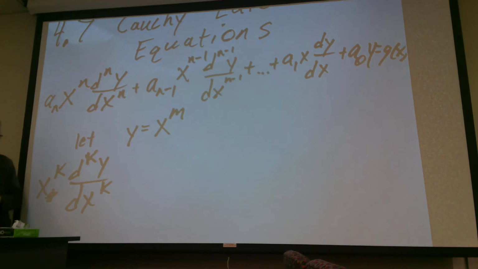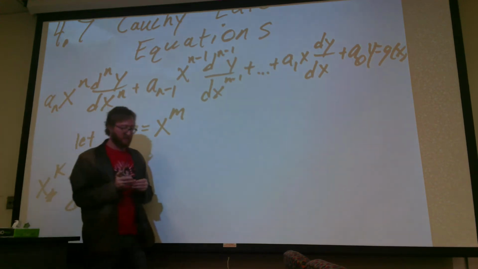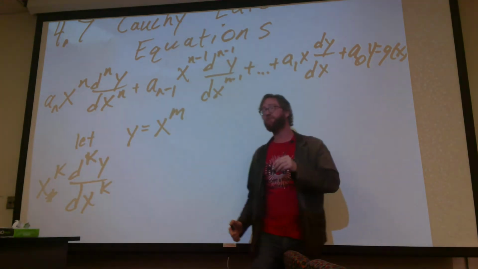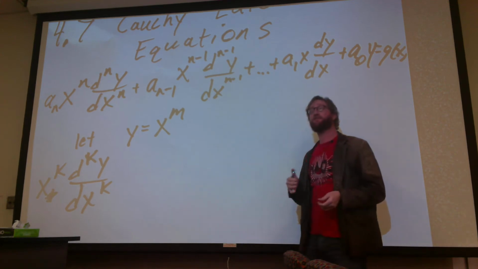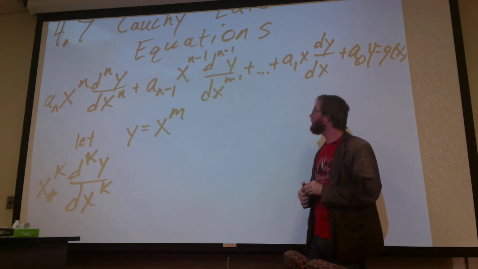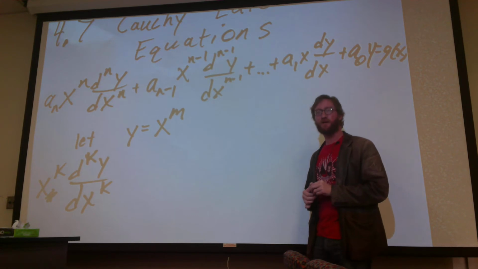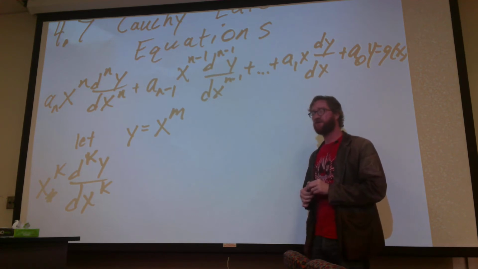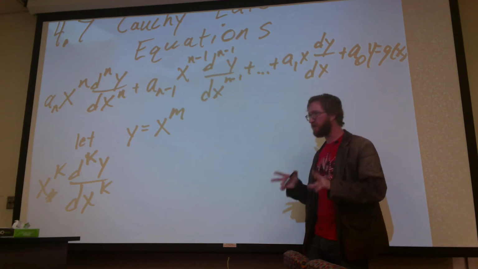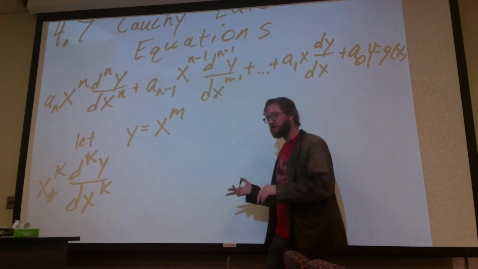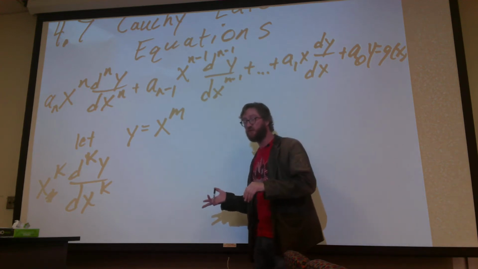Now, if y is equal to x to the m, what happens when you take the first derivative? You're going to get m x to the m minus 1. Now let's say I took the second derivative. Well, I already took the first derivative, so we have m x to the m minus 1. What is the next derivative going to do?